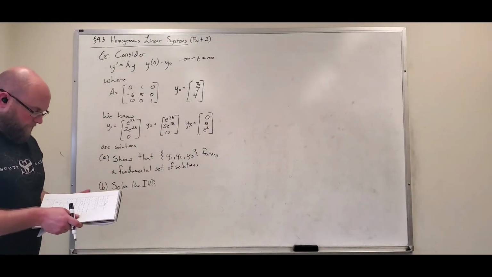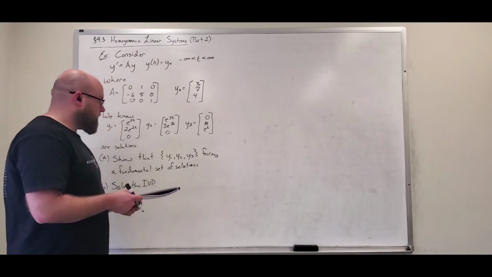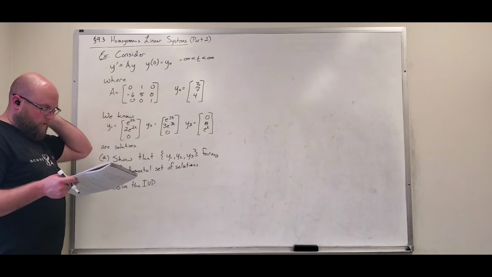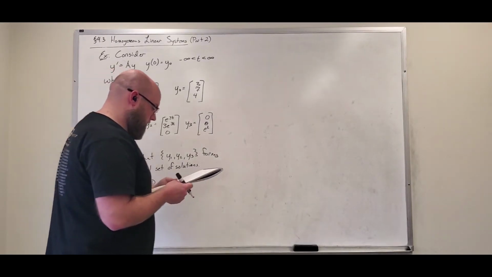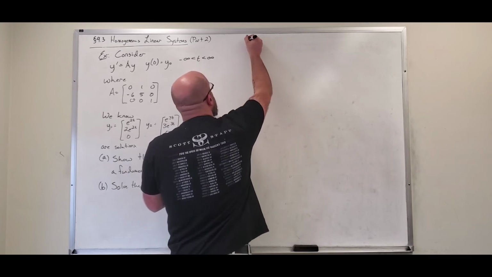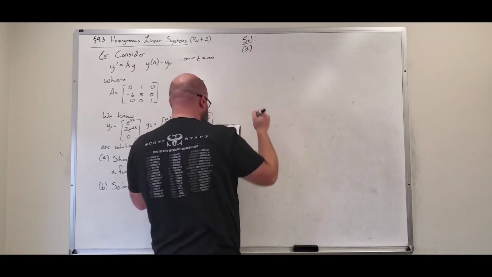Well, you're probably yelling at me now, like we already know this, is that we need to show that the determinant is not equal to 0, okay? So, here's our solution. This is part A solution right now.